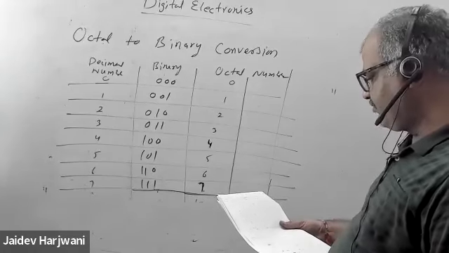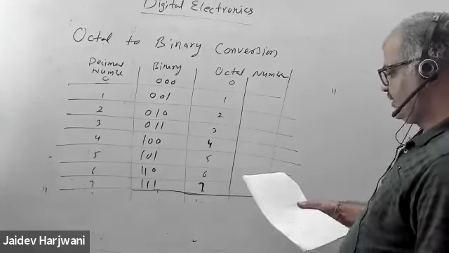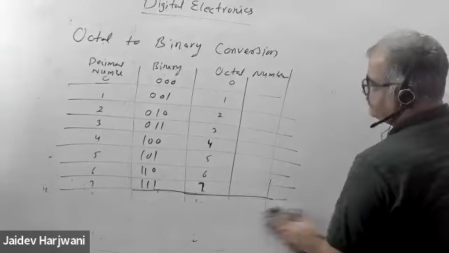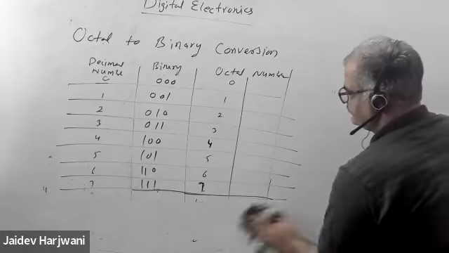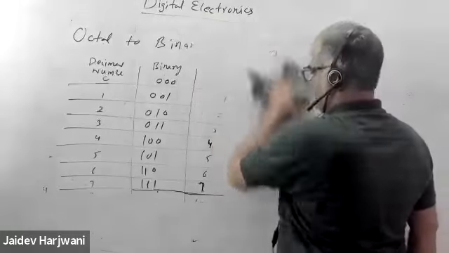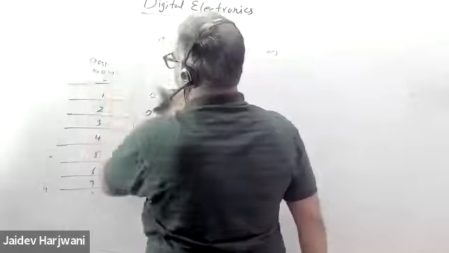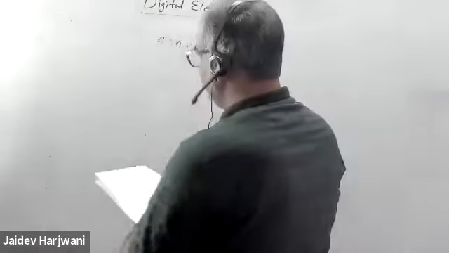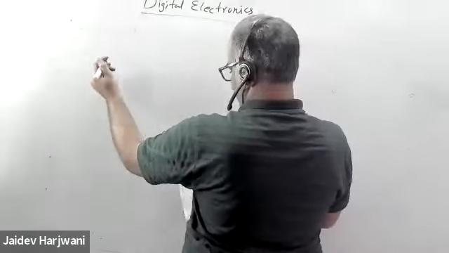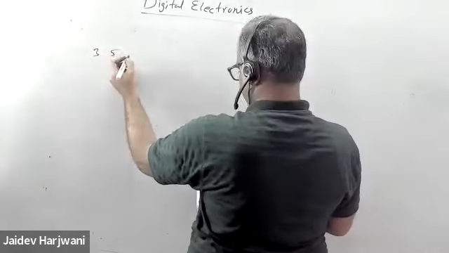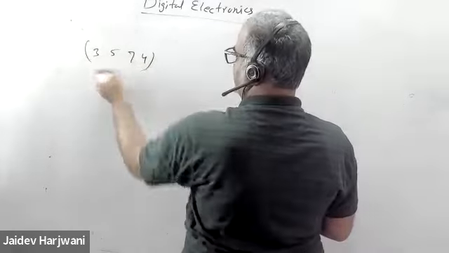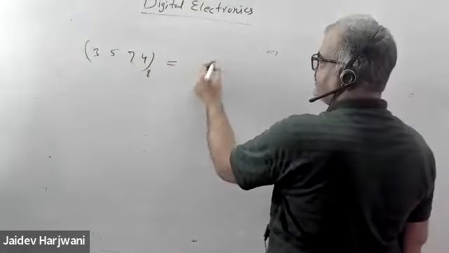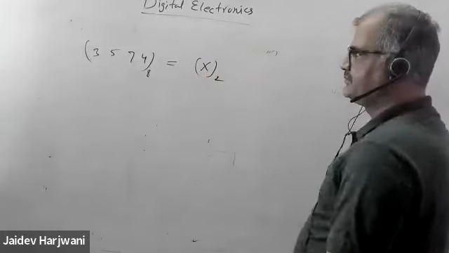Now let me give you an example of how I can convert an octal number to binary. For example, I have been given the number 3574 in octal number system, and I am asked to find its binary equivalent.